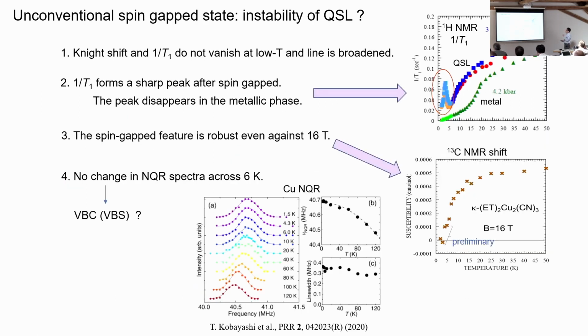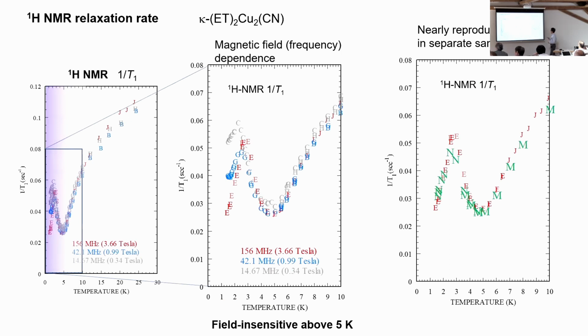Okay, so in the spin gap state, the paramagnetic spin goes down. If we call this behavior a spin gap state, the spin gap state is maybe unconventional because we have several strange features. One is this anomalous peak formation.